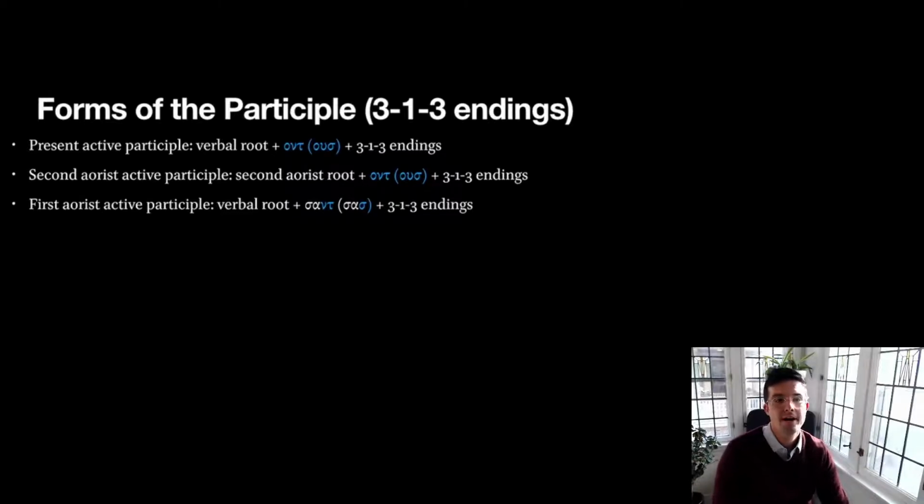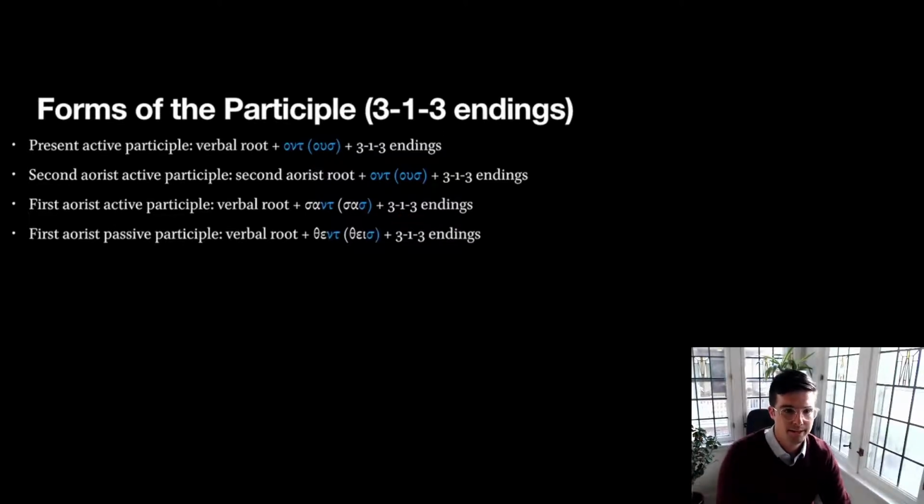For the first aorist active participle, we have the verbal root that's not changed, because we get the sigma alpha of the aorist added on to the sign for the participle, which is going to be nu tau for the masculine and the neuter, and the sigma for the feminine, with those third declension endings added on in the masculine and the neuter, and the first declension endings added on in the feminine.